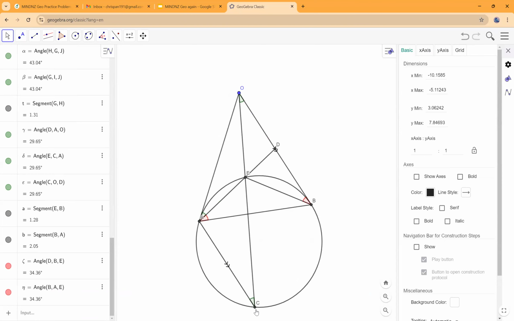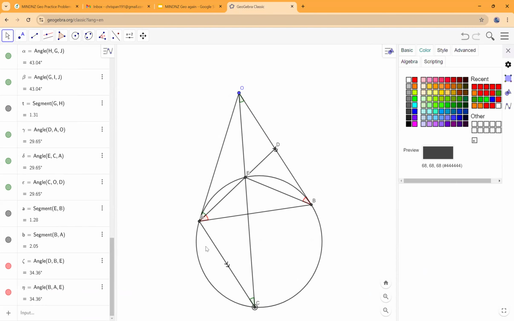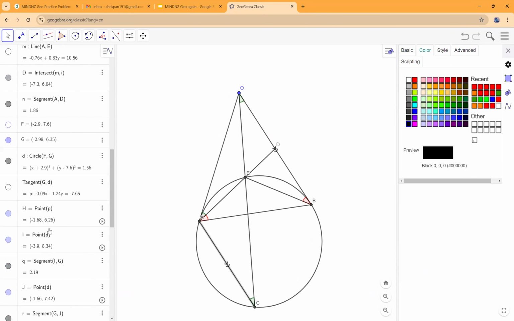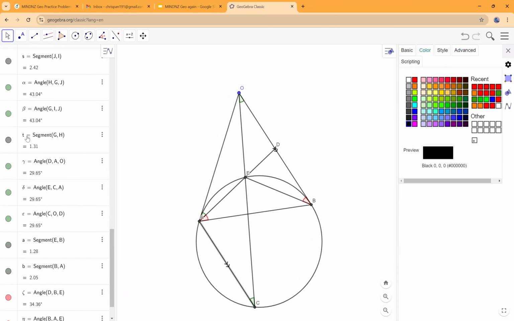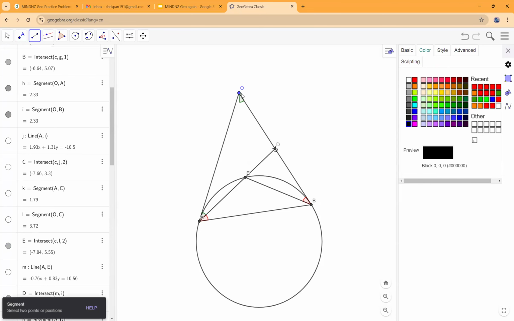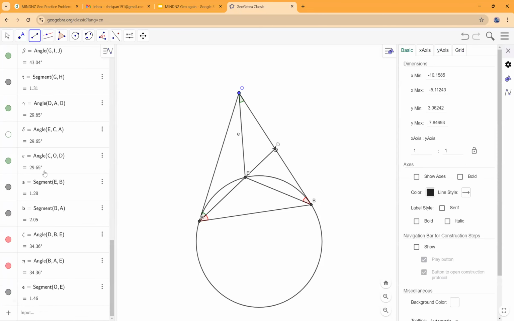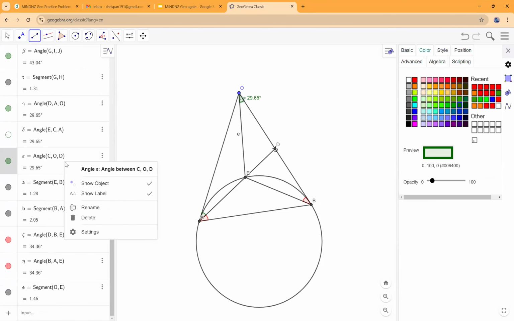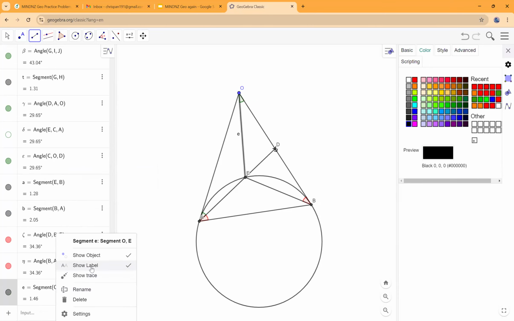Okay, cool. And point C is almost irrelevant now. I don't really care about it, so I'm just going to hide point C now. Okay, let's focus on the important stuff. We have these green equal angles and these red equal angles.